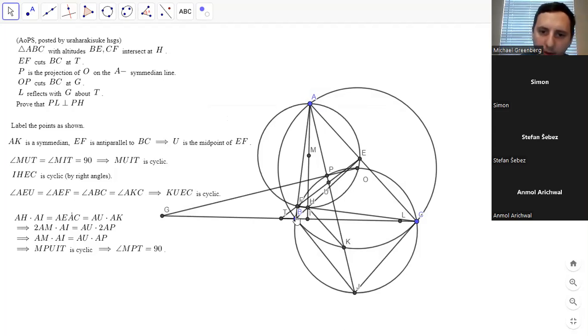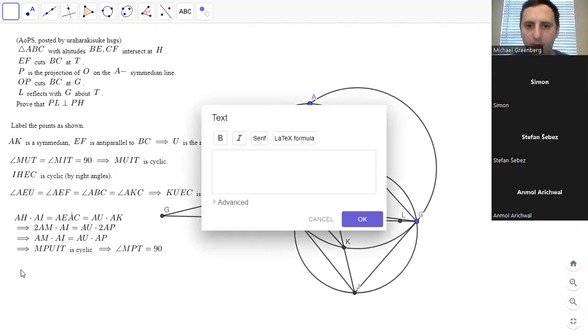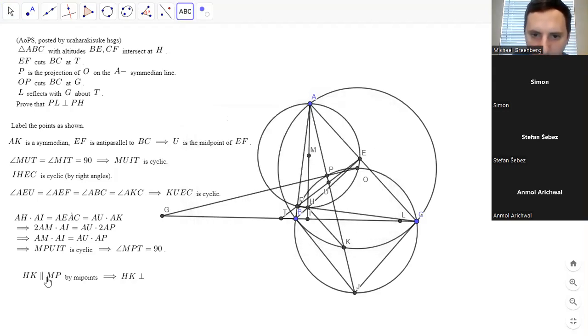Okay, so we wanted to show HK is perpendicular to PT, but that's the same as showing MP is perpendicular to PT. So HK is parallel to MP by midpoints. And that means that HK is perpendicular to PT.